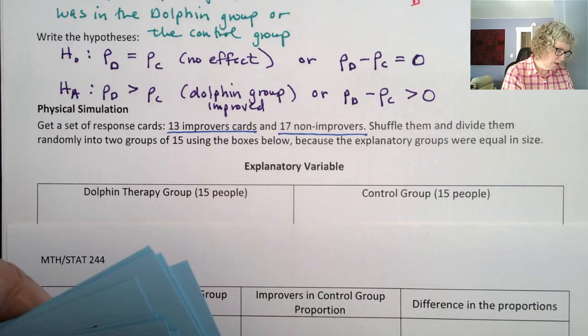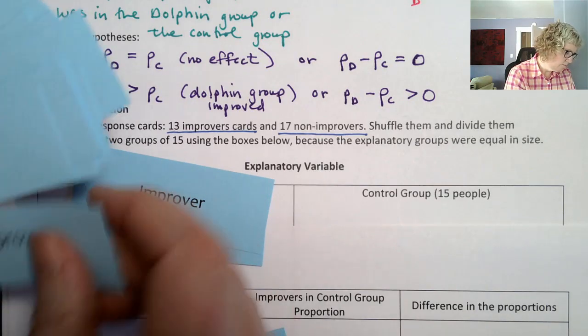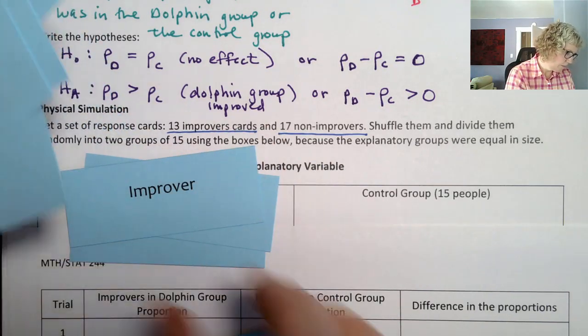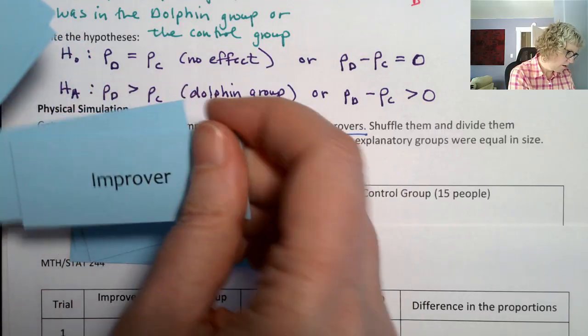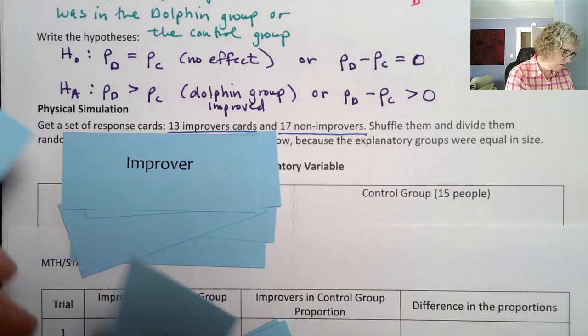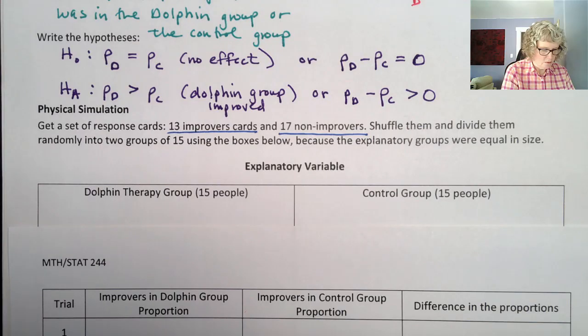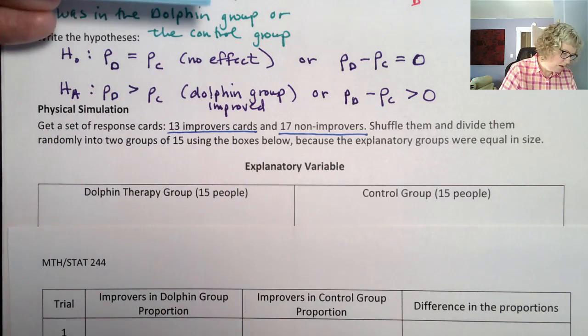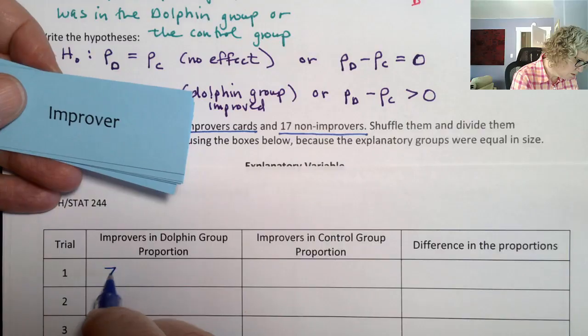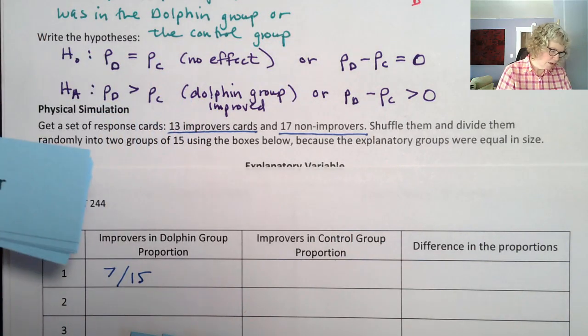I have 1, 2. Okay, so let me count. I've got 7. I have 7 improvers in the dolphin group, 7 out of 15.